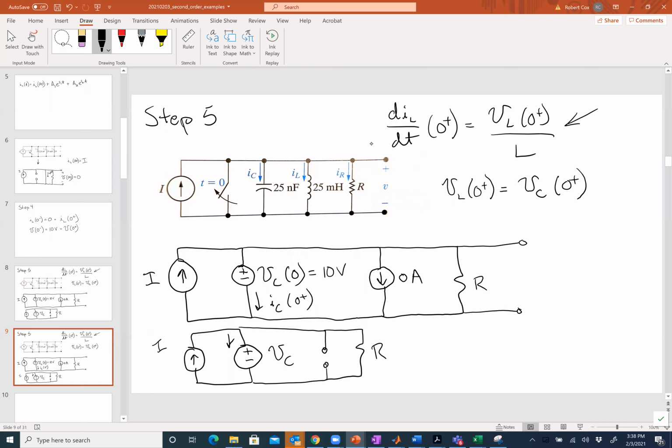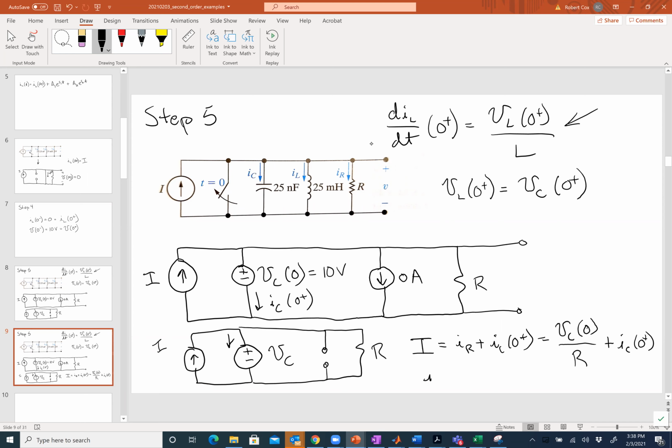So if I do KCL at the top, what I see is I have a current I going in, and I have IR coming out, and I have IC of 0 plus coming out. And IR in this case is VC of 0 divided by R, plus IC of 0 plus.